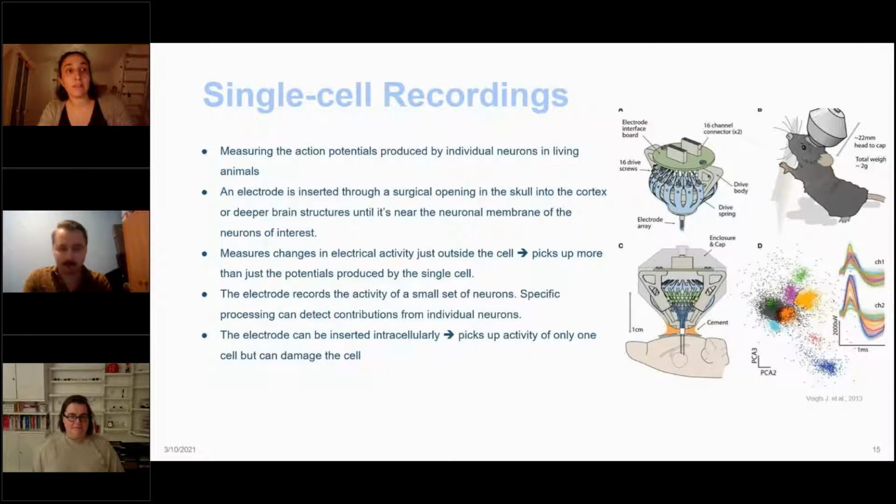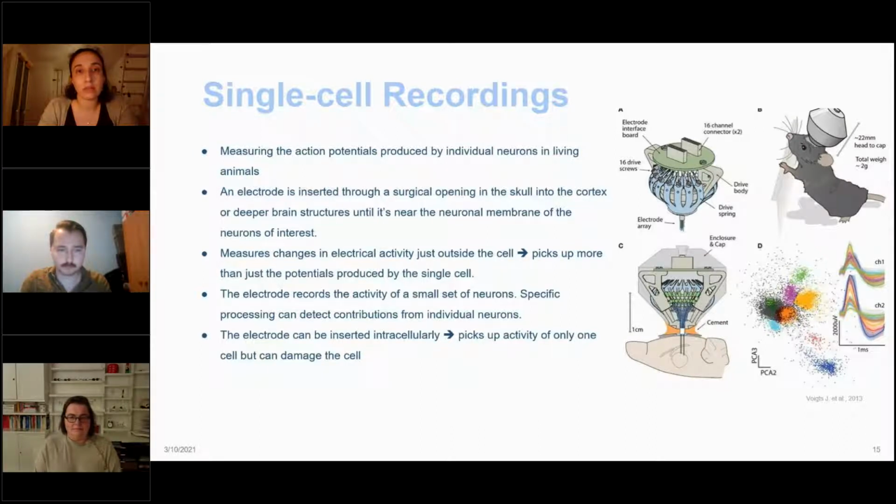And then we have another neuroimaging technique, which is mostly used in animal models and very widely used in rats, called single cell recordings. It's a measurement of the action potential produced by individual neurons or sets of neurons in living animals.